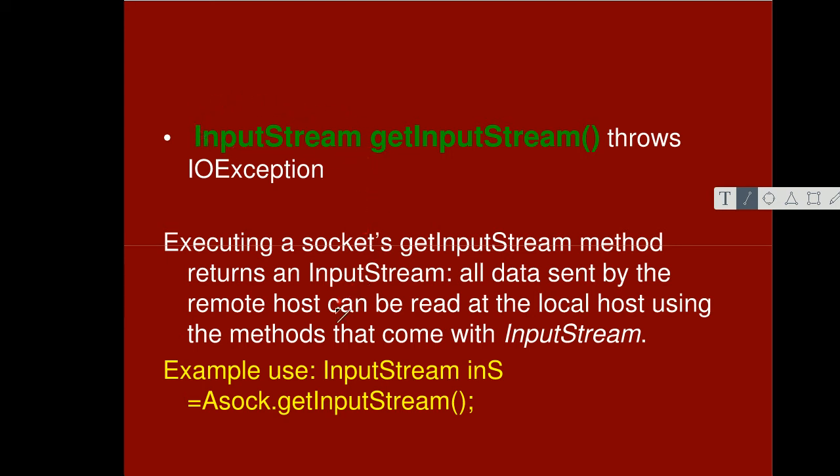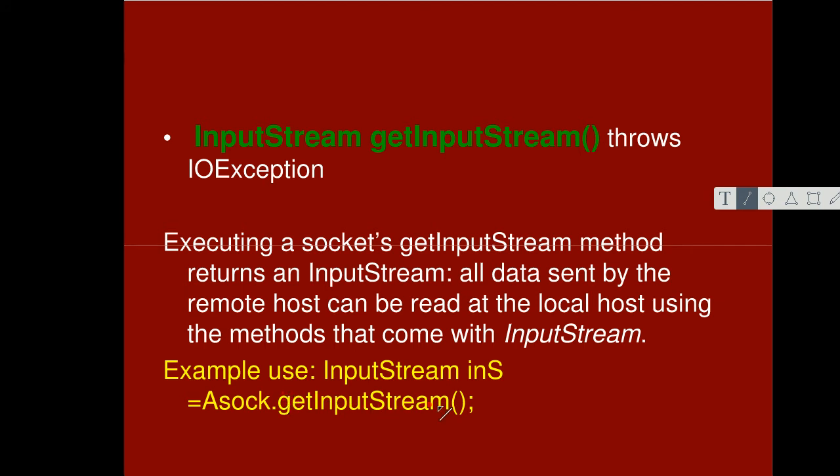So an example use of that is, first of all, you give it a name, ins, so it's short for input stream, so type InputStream, and it's obtained from writing the name of the socket. Supposing it's called asoc, dot, then the name of the method that will result in returning an input stream.